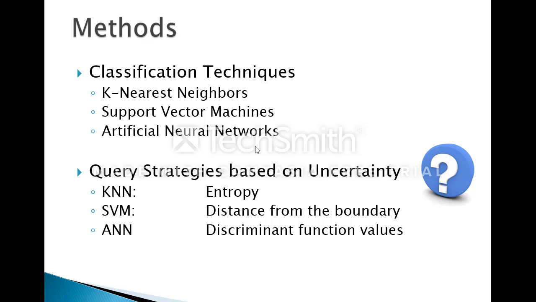Classification techniques include k-nearest neighbors, support vector machine, and artificial neural networks. There were different queries and they were based on the uncertainty. And the main algorithms used here were KNN, SVM, and ANN in different activities with different algorithms.